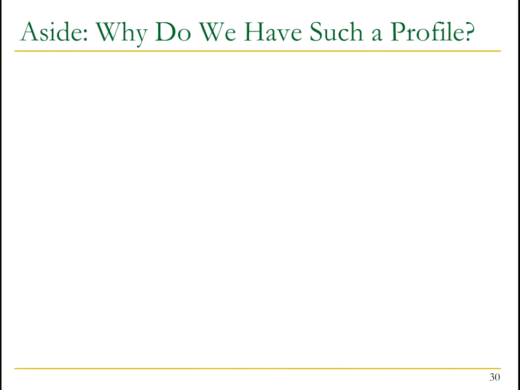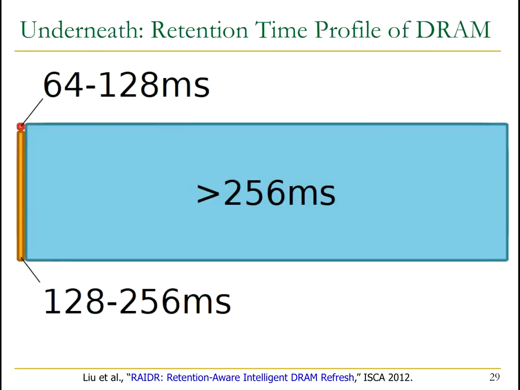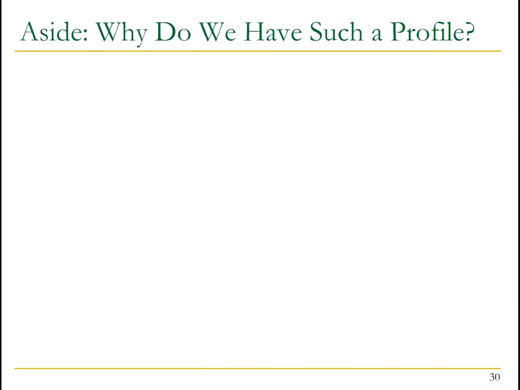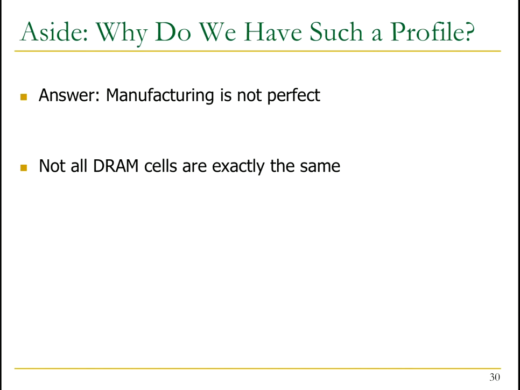So why do we have such a profile? I'd like to give you this aside because you always want to understand what's going on underneath. Let's go down one more abstraction level. Why do we see this phenomenon? This is basically heterogeneity in the data retention time of DRAM. Basically, manufacturing is not perfect. Not all DRAM cells are exactly the same. Some are more leaky than others, it turns out.